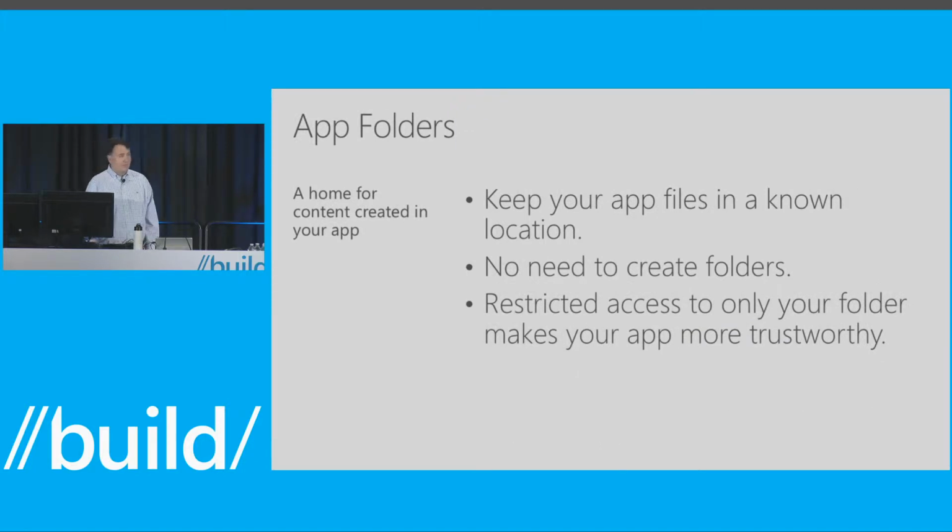The other cool thing that we added was app folders. So for people who develop apps for OneDrive and OneDrive for Business, before, the only thing that you could do was ask for access to the entire OneDrive. So a lot of users, as we start seeing more and more files go into OneDrive, they put their tax records there, they put their medical records there, they put their pictures that they don't necessarily want everybody to have access to there.